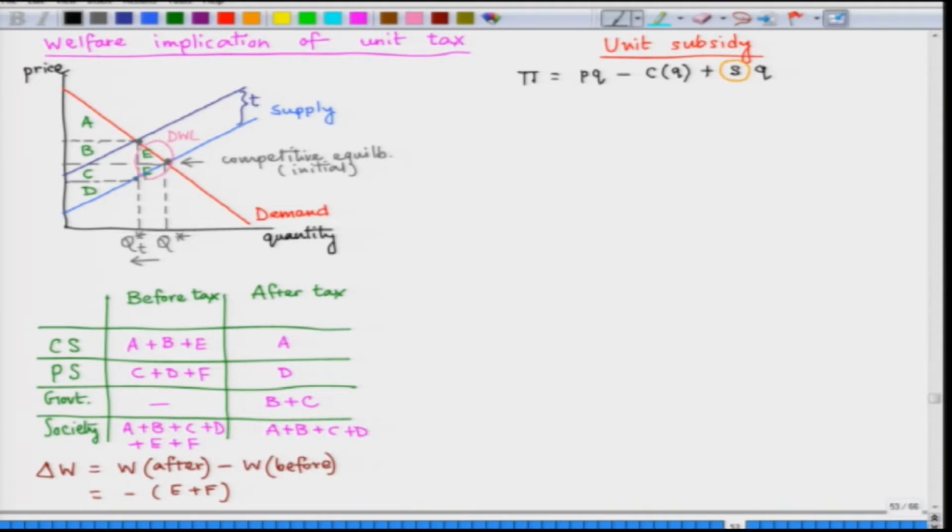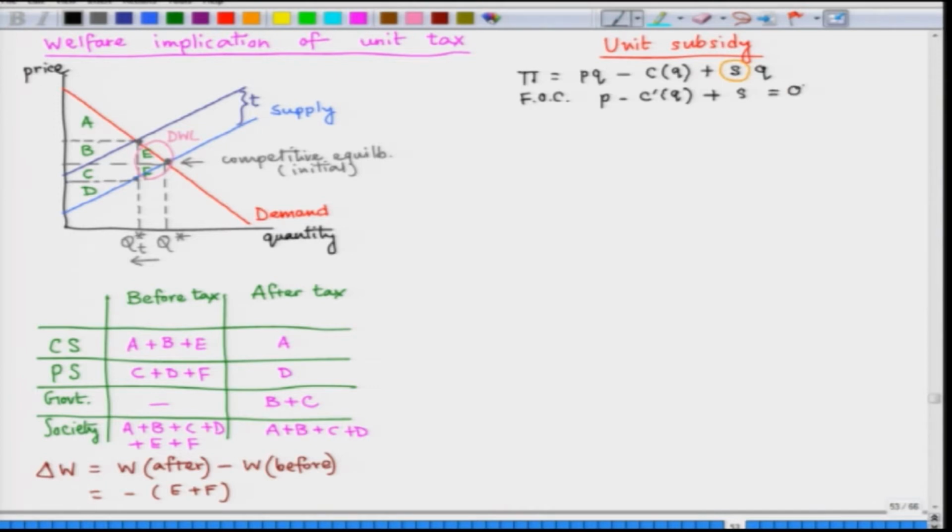So, of course, the next thing to consider is the first order condition. So, if we differentiate with respect to Q in order to find optimal quantity of production of the firm, we get P minus C prime Q plus S equal to 0, right.